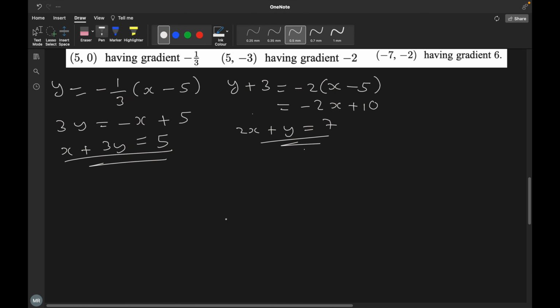And now let's solve the final question. So y plus 2 equals 6 into x plus 7. And now let's simplify this.